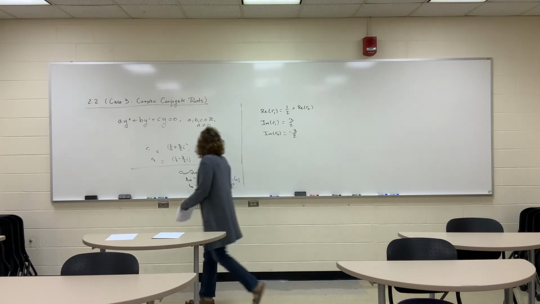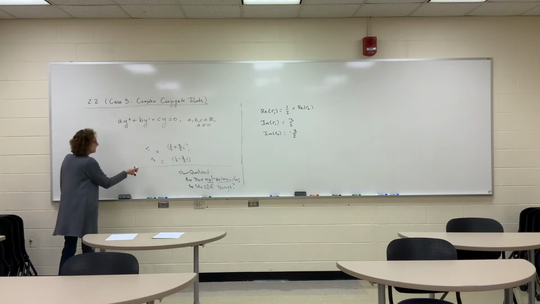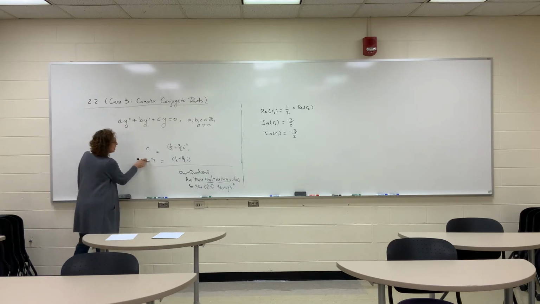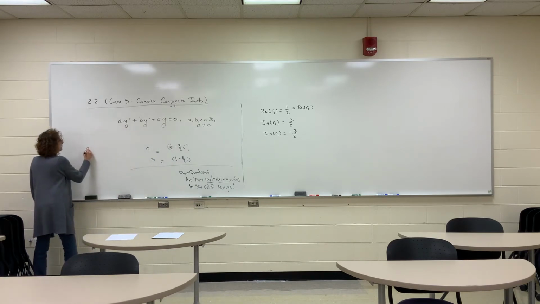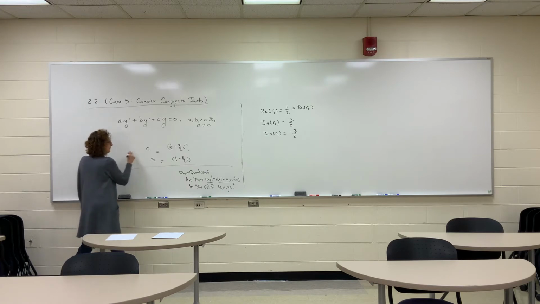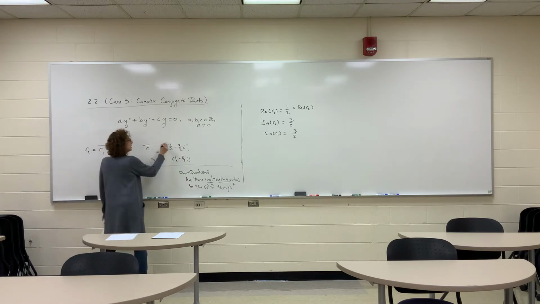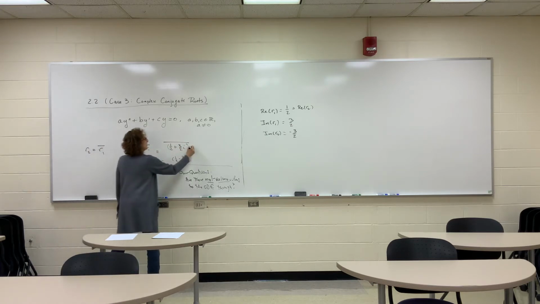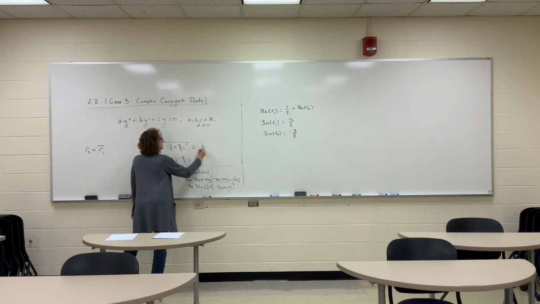More notation for these guys, right? We said these two are complex conjugates. More notation for that is that R2 is the complex conjugate of R1, okay? So what do we mean if we look at the complex conjugate of R1? That means we just change this plus to a minus.